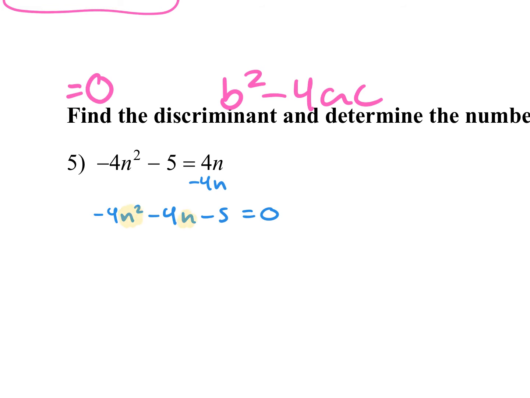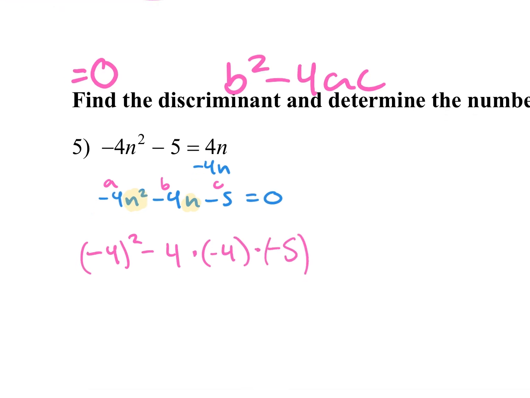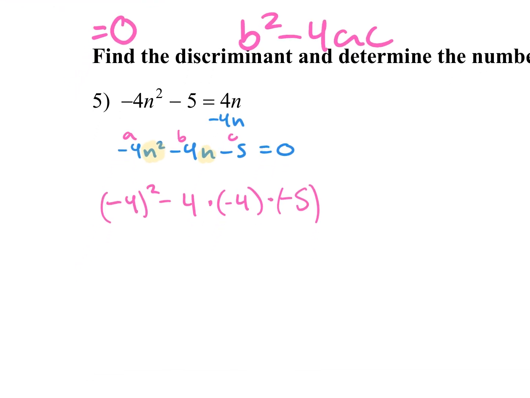So what's A? What's B? And what's C? Perfect. Now we plug it in. So I have negative 4 squared minus 4 times A times C. What is negative 4 squared? 16.